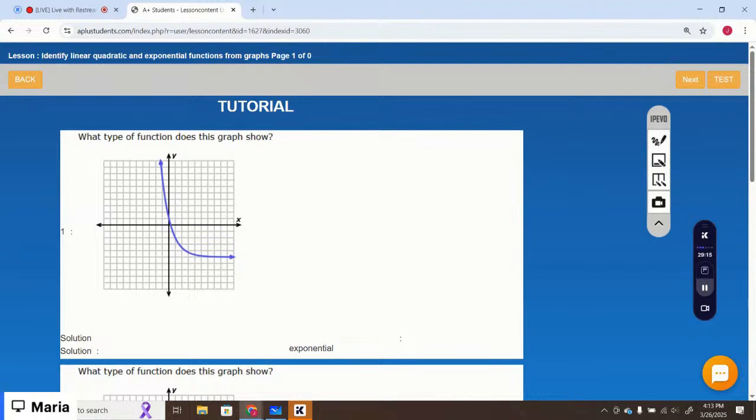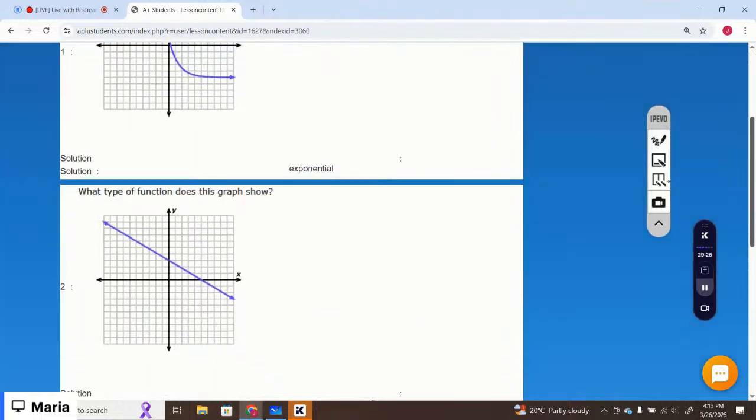That is an exponential function. A graph like this that increases so fast is the graph of the exponential function, right? Just look at the next graph.